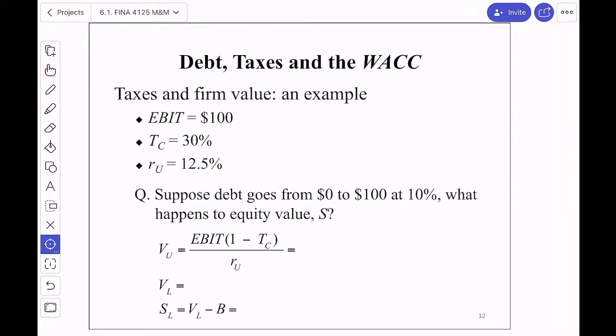So let's suppose debt goes from $0 to $100 at 10%. What happens to the equity value? I've given you some of the results already. So this is 100 times (1 minus 0.3), which is 0.7, and then the return is 0.125.